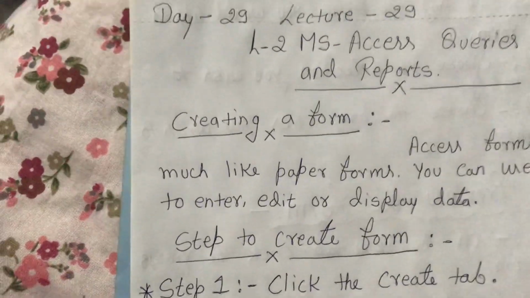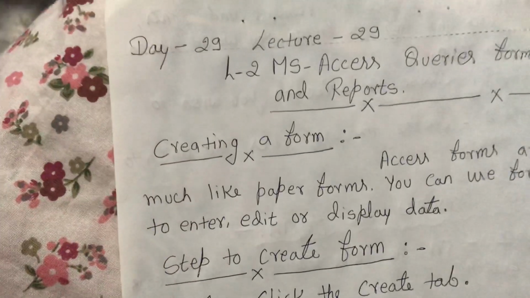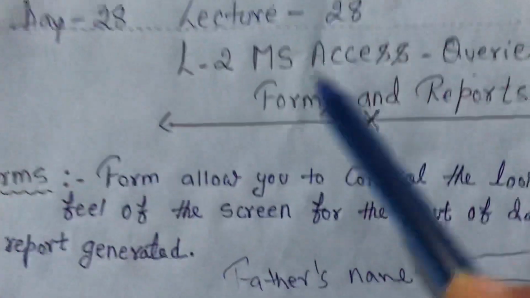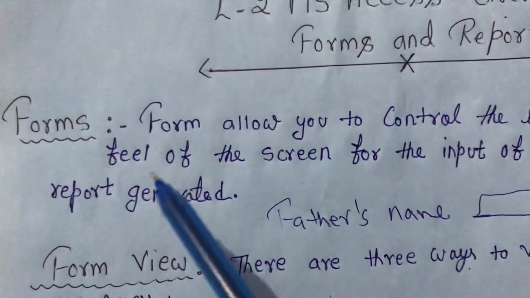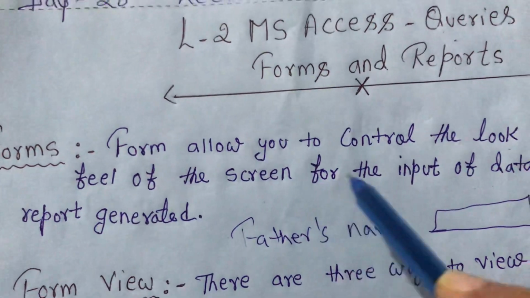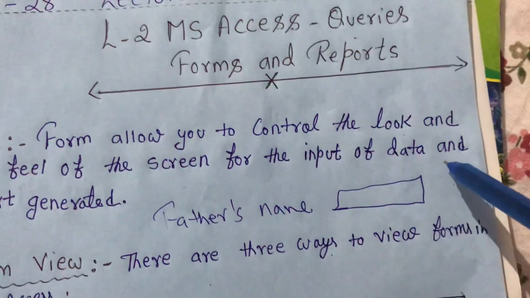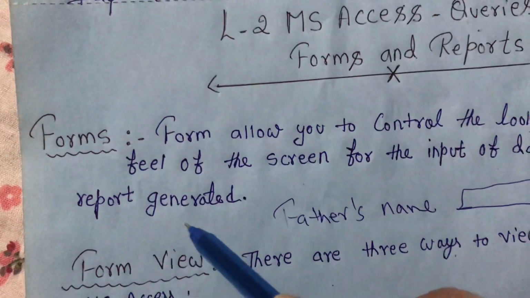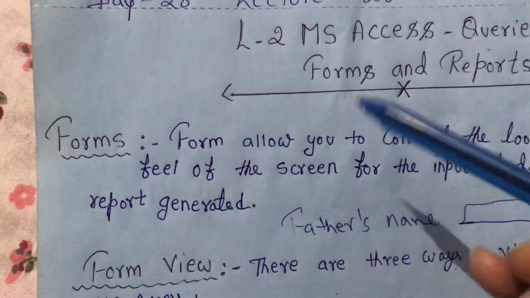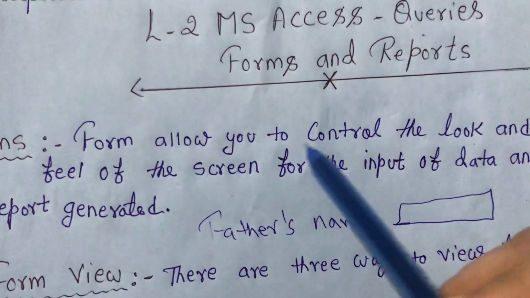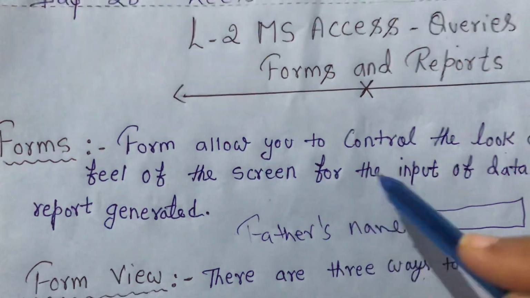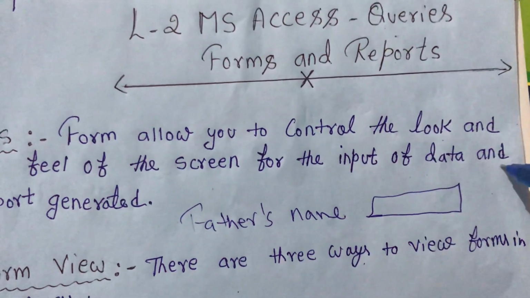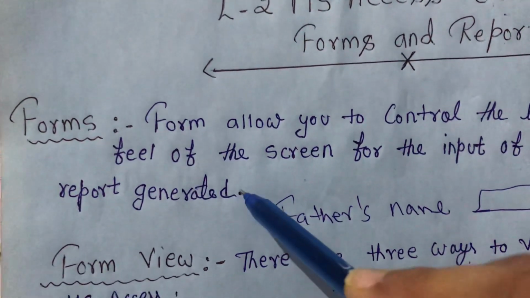What did I explain to you yesterday? I explained the form. What is a form? A form allows you to control the look and feel of the screen for the input of data and report generated.